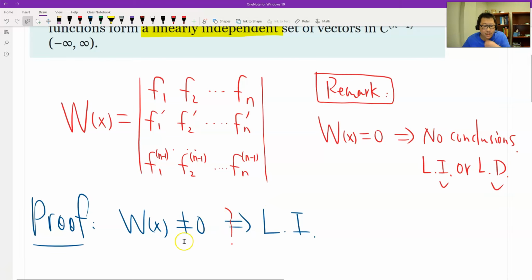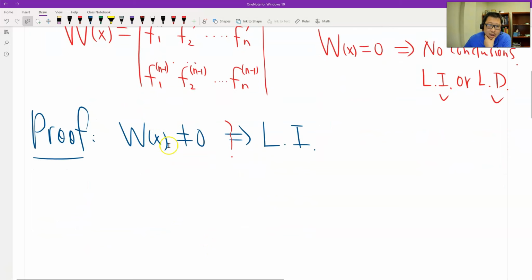Now, let's go to the theorem and see how to prove it: if the Wronskian is not zero, how do we get linear independence? We can use proof by contradiction. If not linearly independent, therefore linearly dependent, then we will get a contradiction. It will contradict the Wronskian not being zero; we will get that the Wronskian is zero.